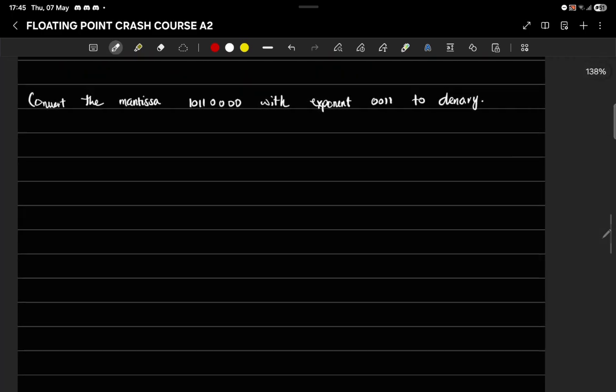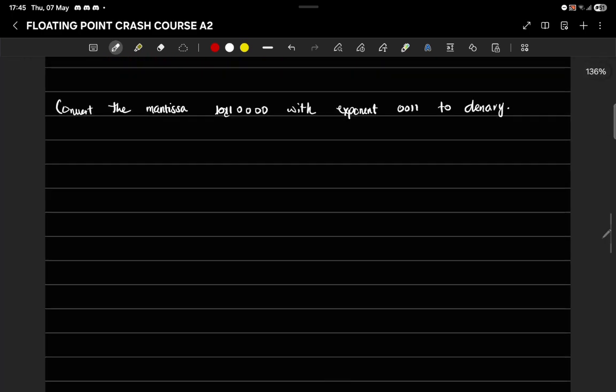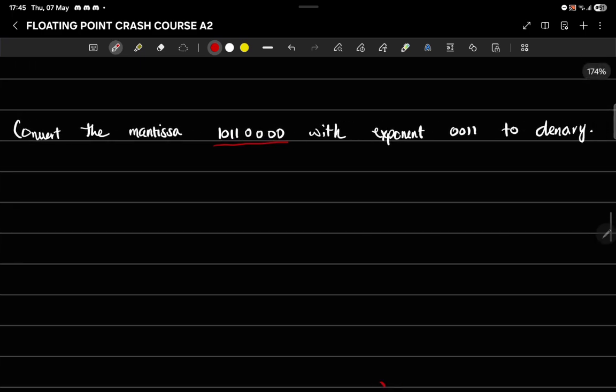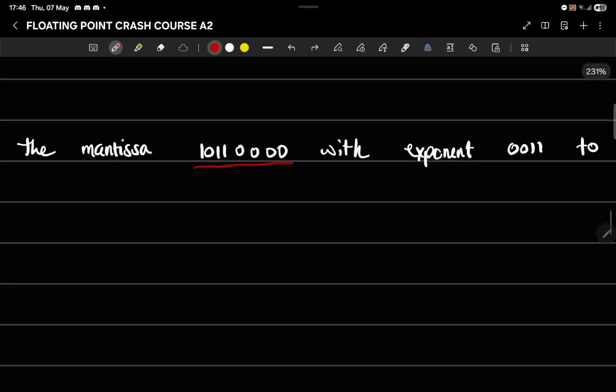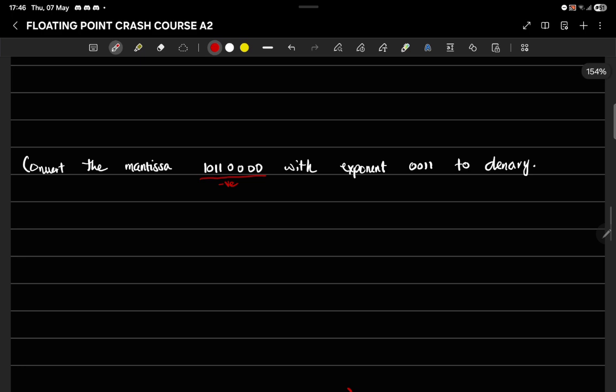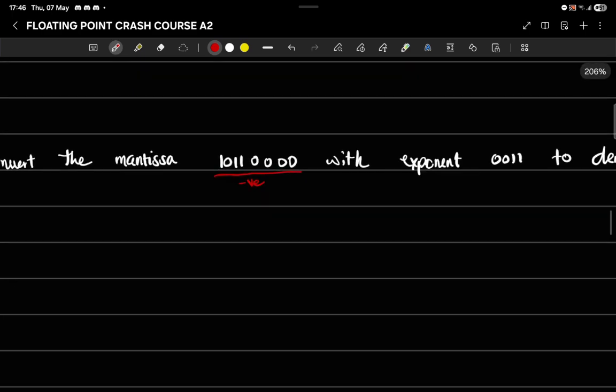Now if we had to convert the mantissa 1 0 1 1 0 0 0 0 with the exponent 0 0 1 1 to denary. Notice that this is starting with a 1, so it means it's negative. So this would also work in a similar way, but just that some of the steps are a bit smaller.